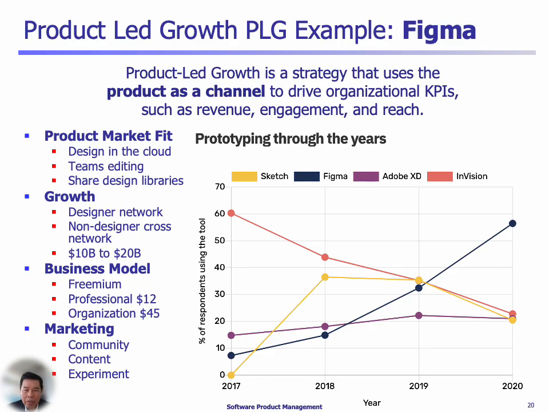So in a product that has product-led growth, it would have a good market fit that satisfies the customer's need or a group's need, a gap that is not being fulfilled. And that growth is done through different viral users, and usually that will help with a little bit of marketing.